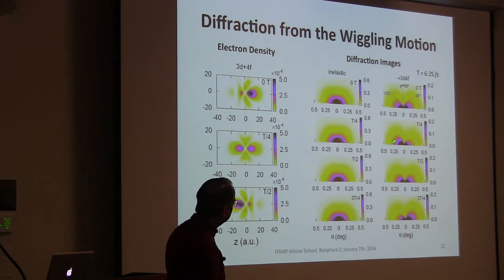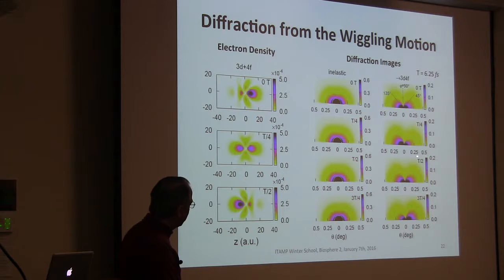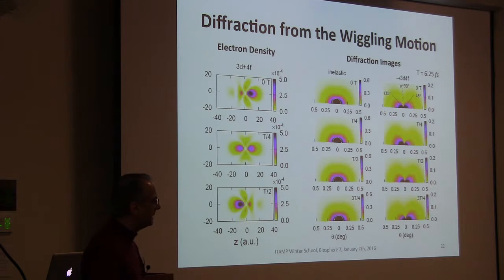This is asymmetric here at t over 4, whereas this is symmetric at t over 2. The electron density is asymmetric. So what's going on?